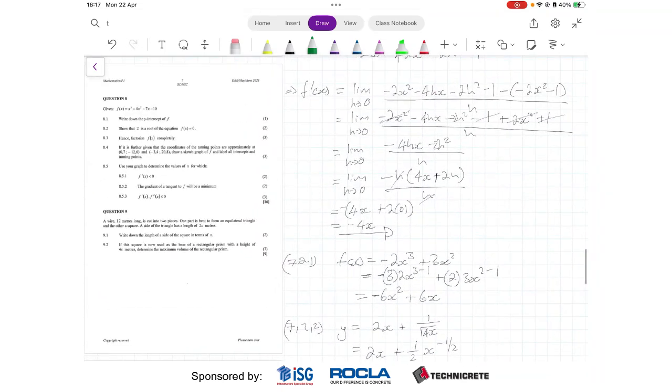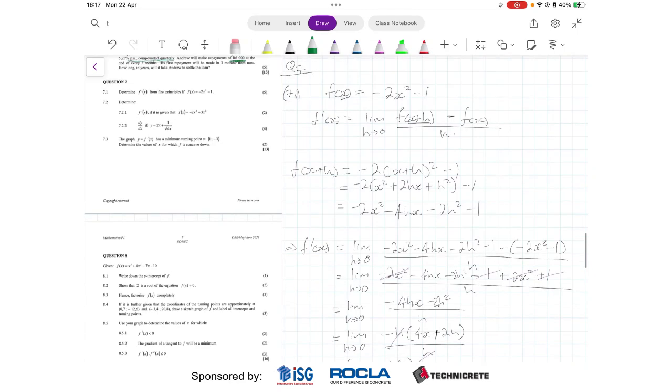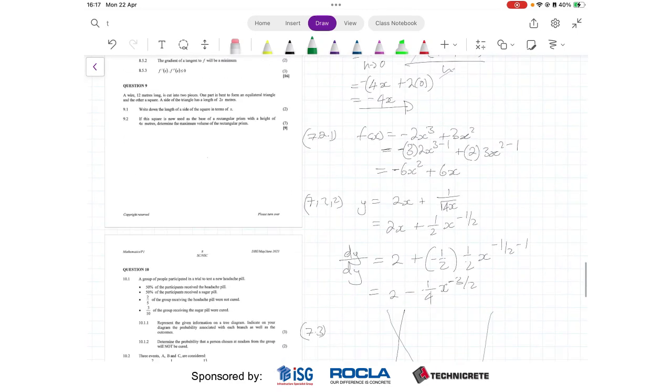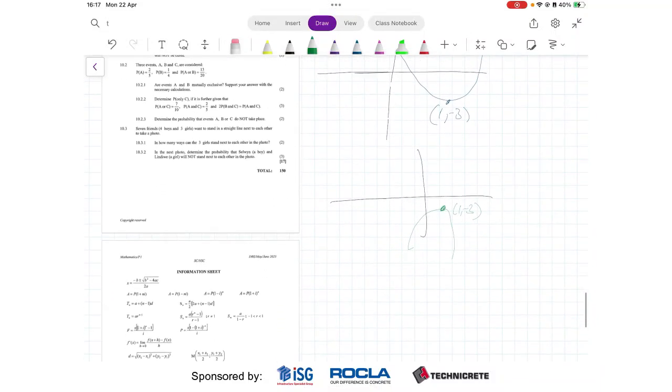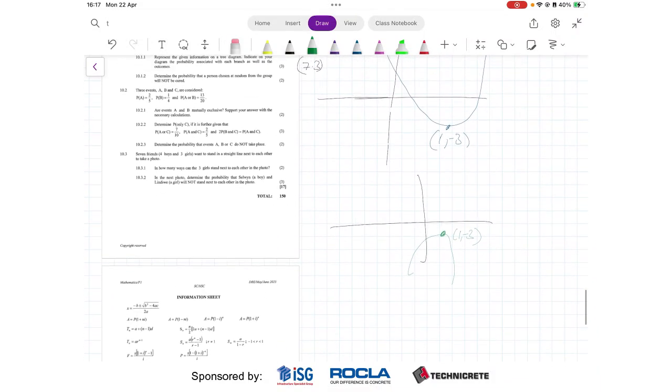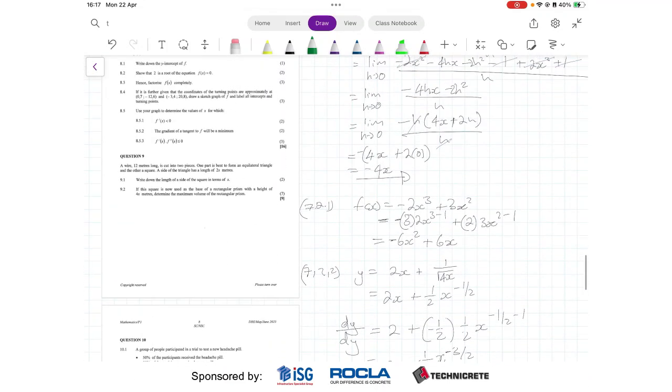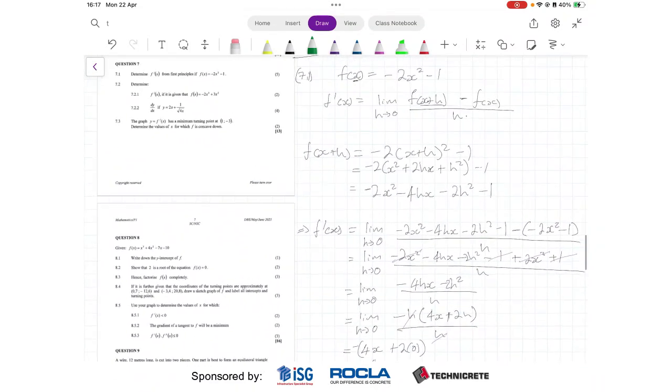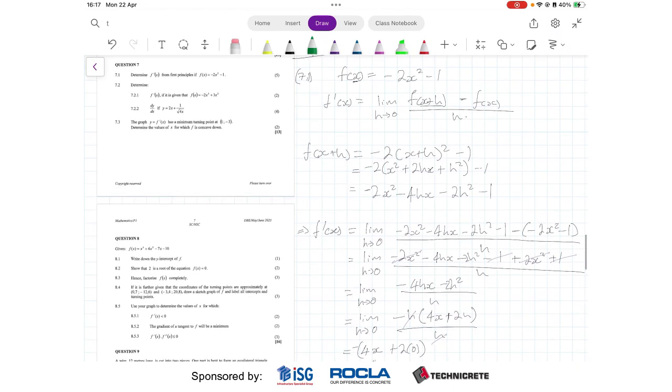Okay, so now we are asked to determine the values of x for which f is concave down. This is a bit of a wild question. The graph of y equals f prime has a minimum turning point at 1 and minus 3.